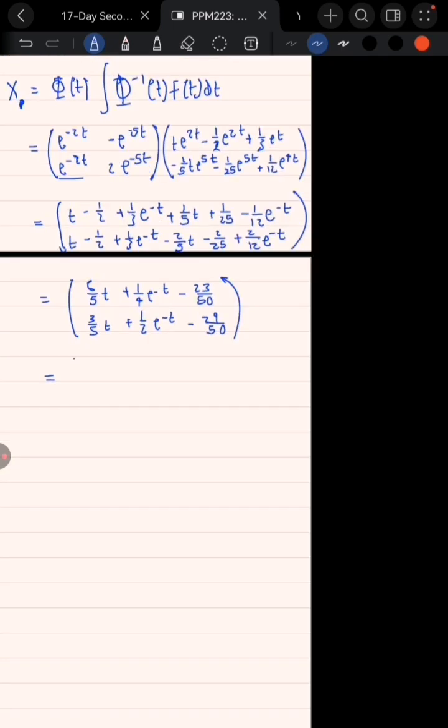Expressing this in parametric vector form, we are going to have 6/5, 3/5 t plus 1/4, 1/2 e to the power minus t minus 23/50, 29/50.